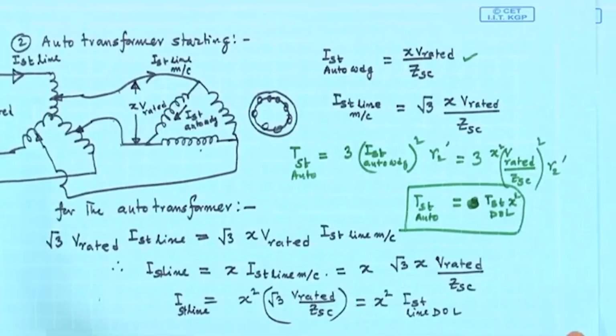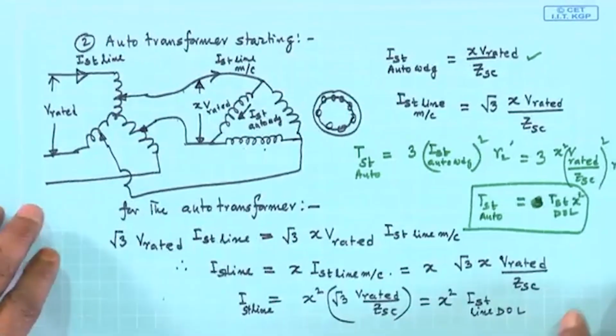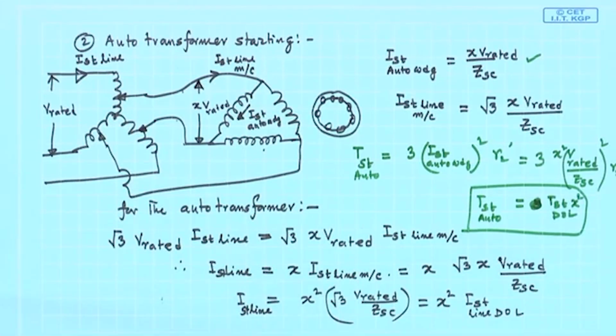Therefore, what we find in auto transformer starting is that the line current drawn from the supply is reduced by a factor of x square, much less.